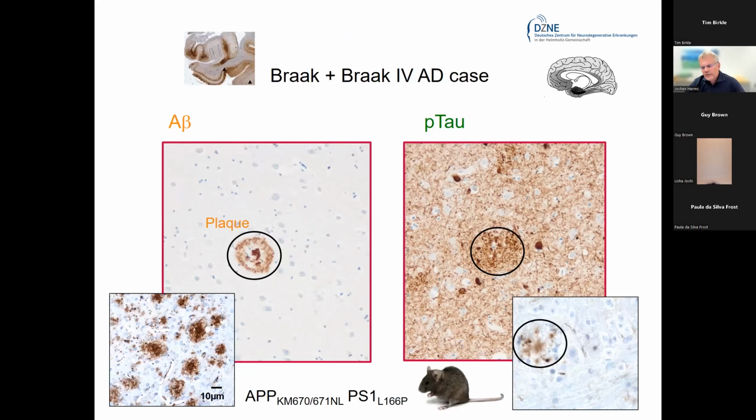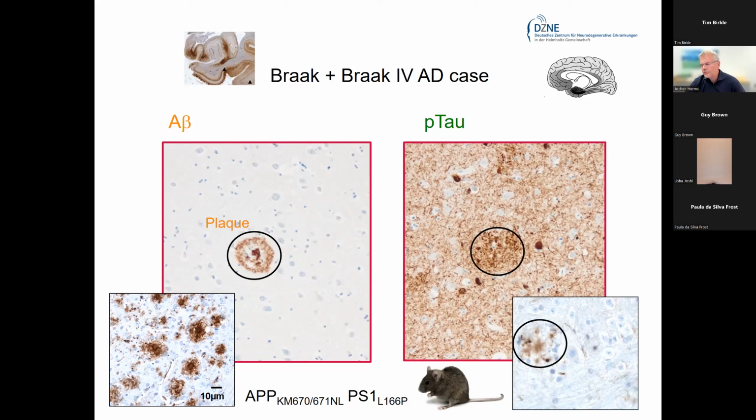And here we also have an important issue with the mouse models. If you look at a mouse model of Alzheimer's disease, it's actually an amyloid model. It has a mutation in APP and PS1 and produces tons of amyloid, which is shown on the left. And if you stain for phospho-tau in these kinds of mice, you don't get this neuritic staining.